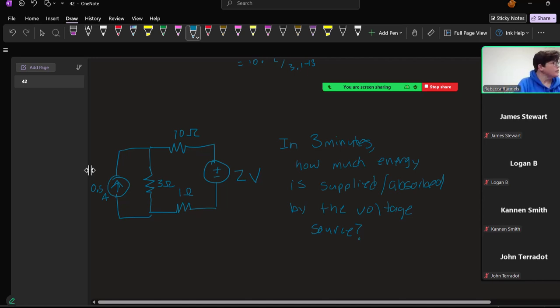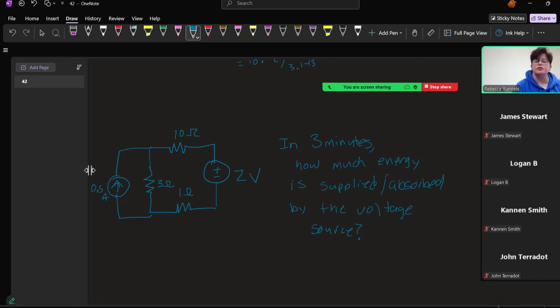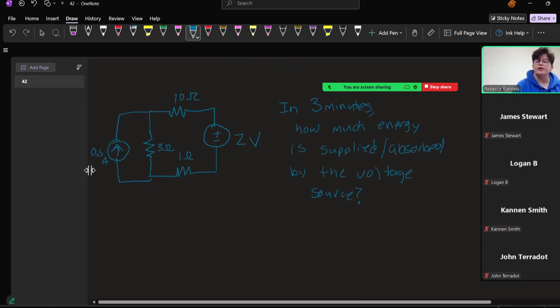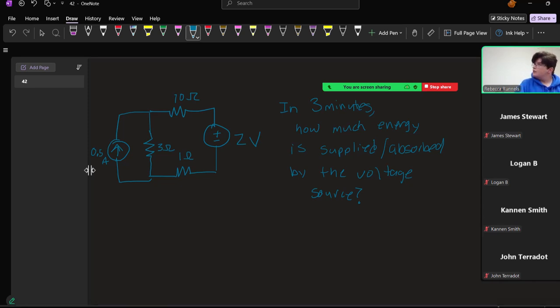So when you're asking for energy, you're going to be looking for joules. I suppose you could give it in kilowatt hours, but if it doesn't say, I would give it in joules. So to find the power for a voltage source, we really can only use P equals IV. You can't use any of the ones that have resistance because there is no resistor in the voltage source.